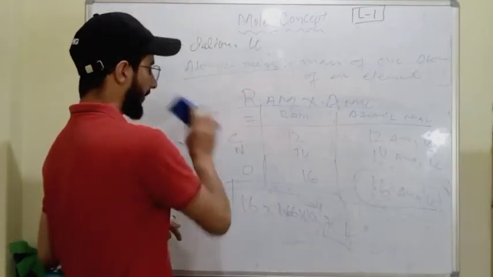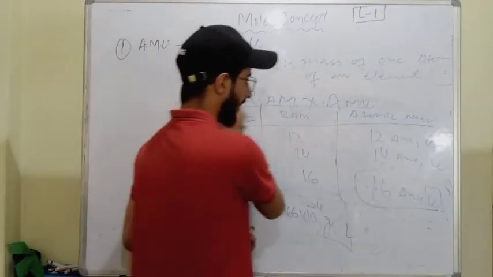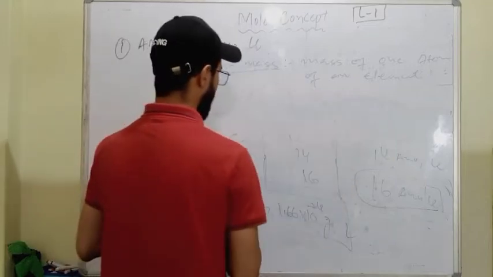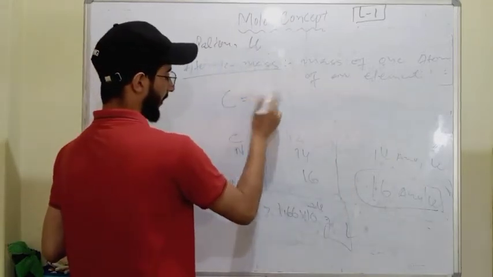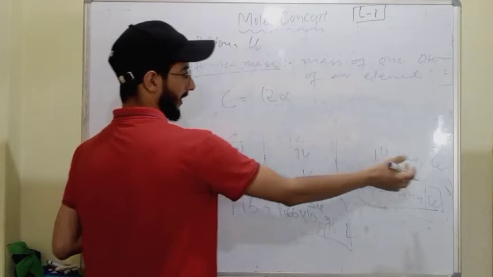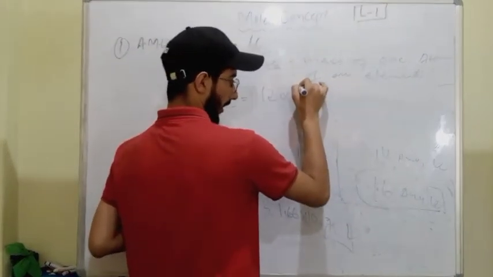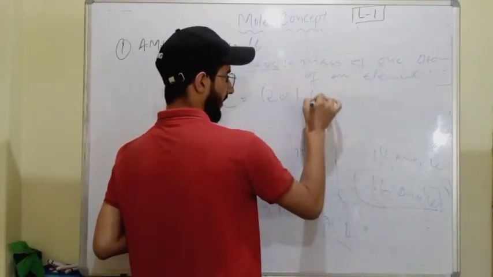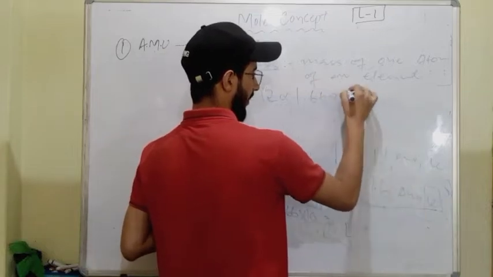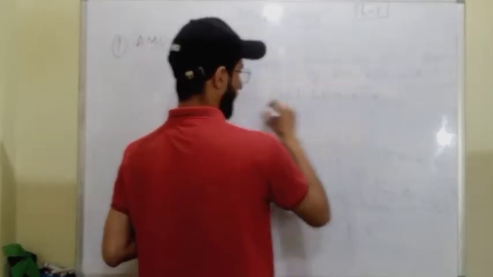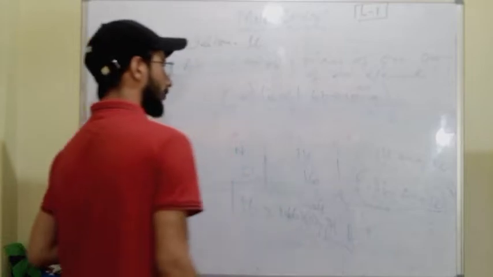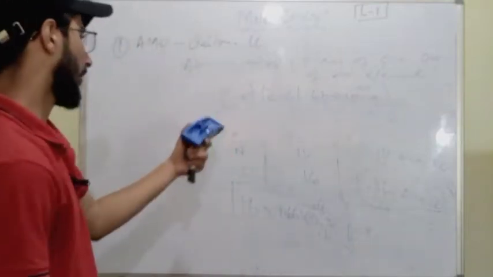Or if I am going to calculate the mass of carbon in grams, it will be equal to 12 into, in place of AMU, 1.66 into 10 raised to power minus 24 grams. When we solve this, we get the mass of carbon in terms of grams.